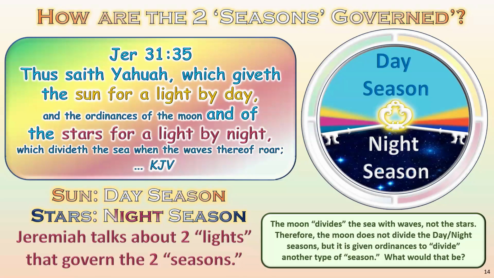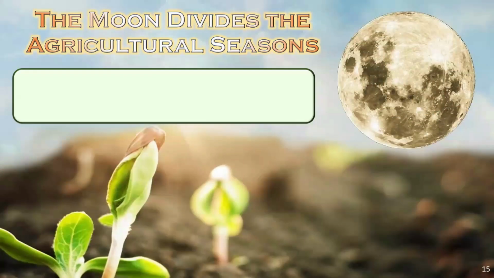Therefore, the moon does not divide the day and the night seasons, but the moon is given ordinances to divide another type of season. And what would that be? Well, we're told about that as well. The moon does have an important mandate. It divides the agricultural seasons.